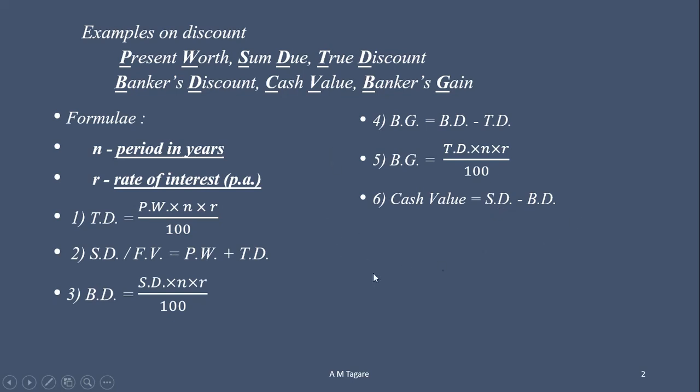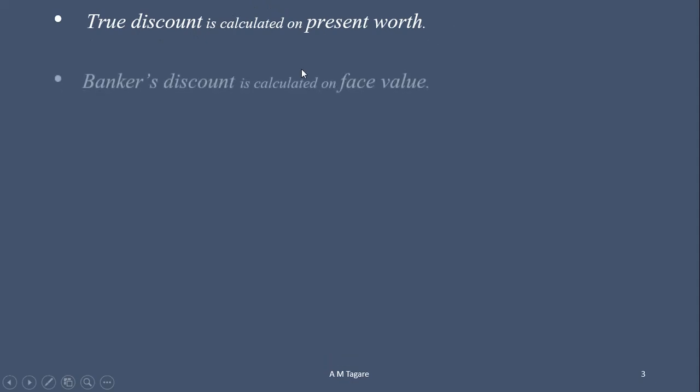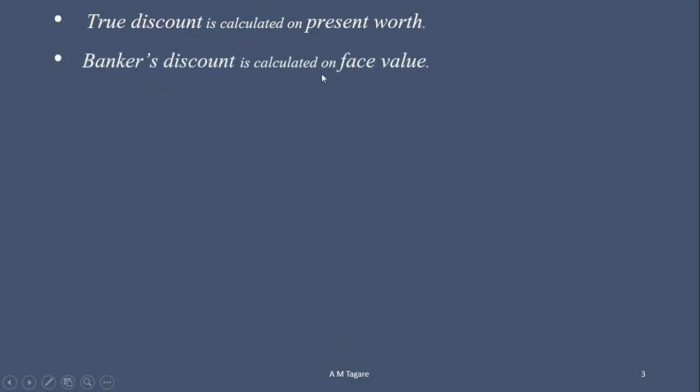Now we have to use these formulae as well as a few more formulae. Using this, true discount is calculated on present worth and banker's discount is calculated on face value. Now remember these two things carefully, and we see from previous two formulae 1 and 2, sum due is equal to present worth plus true discount.